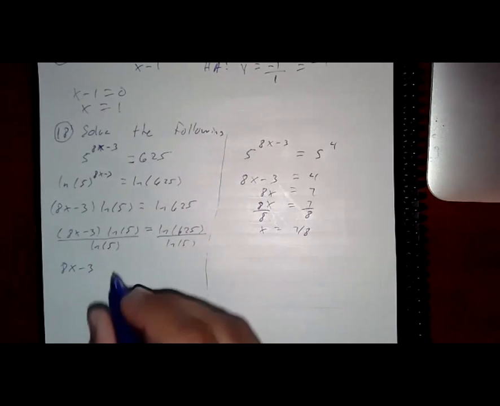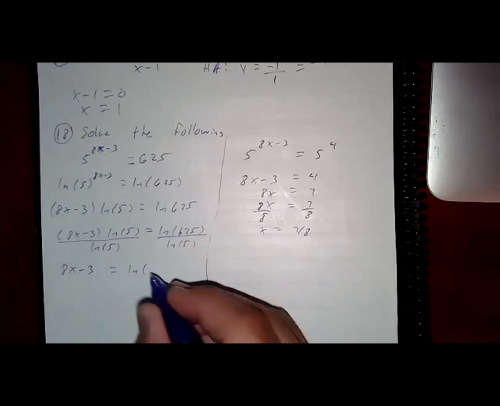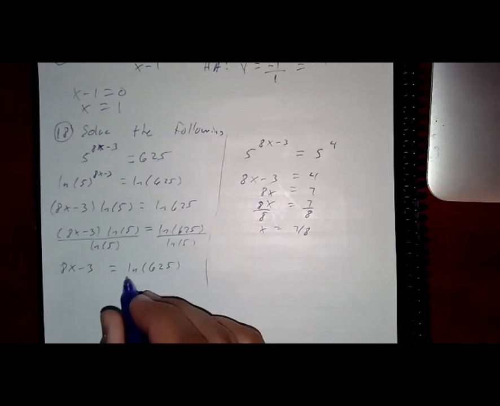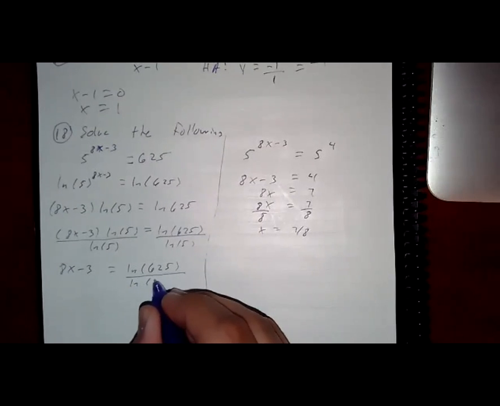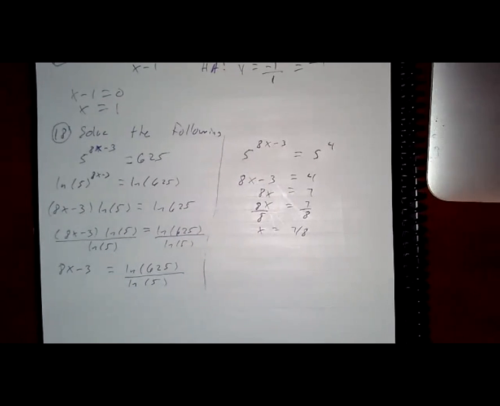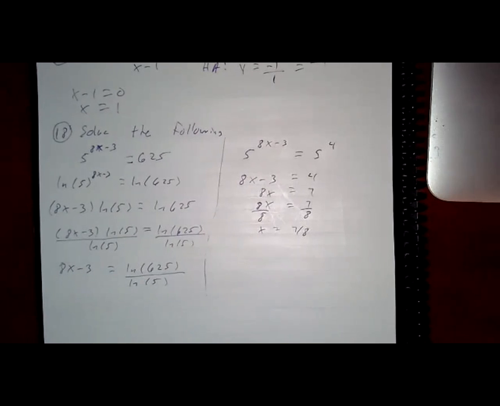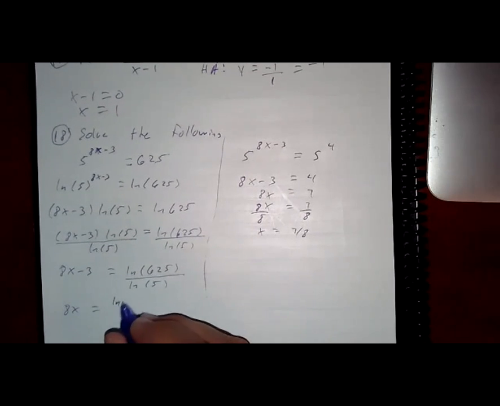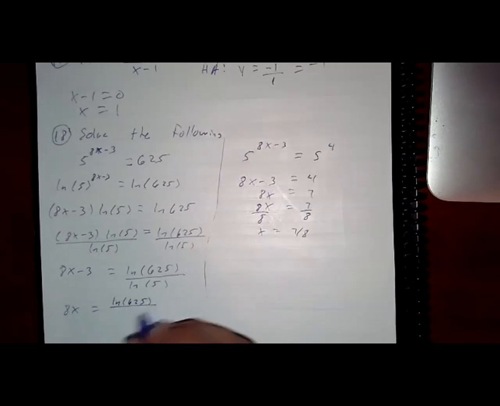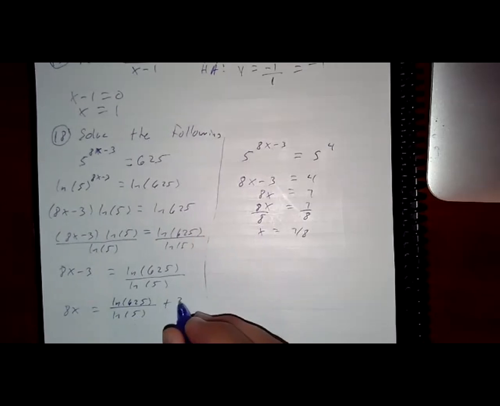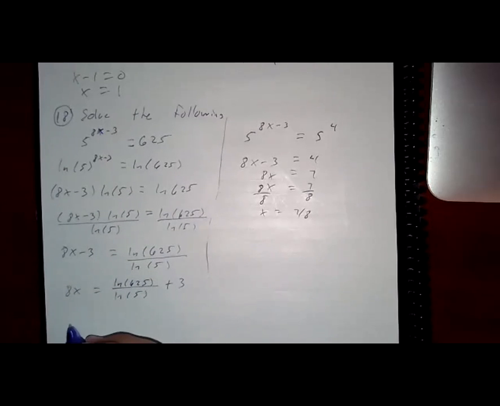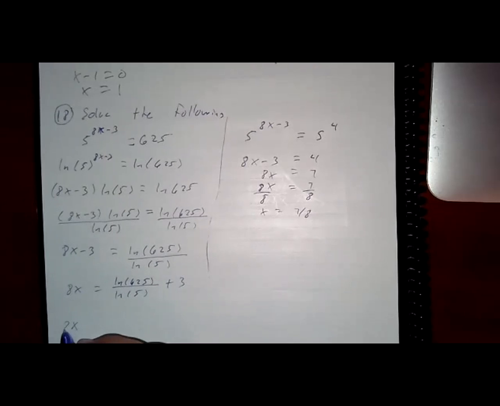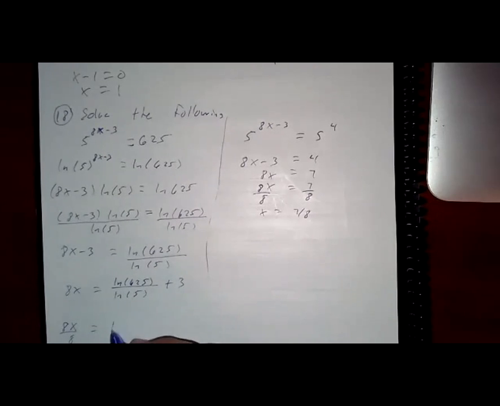So divide both sides and you get 8x minus 3 equal to ln of 625 over ln of 5. So I just have to isolate the 8x and we'll be done. So 8x is equal to ln of 625 over ln of 5 plus 3. And then finally, divide both sides by 8, right? I get this.